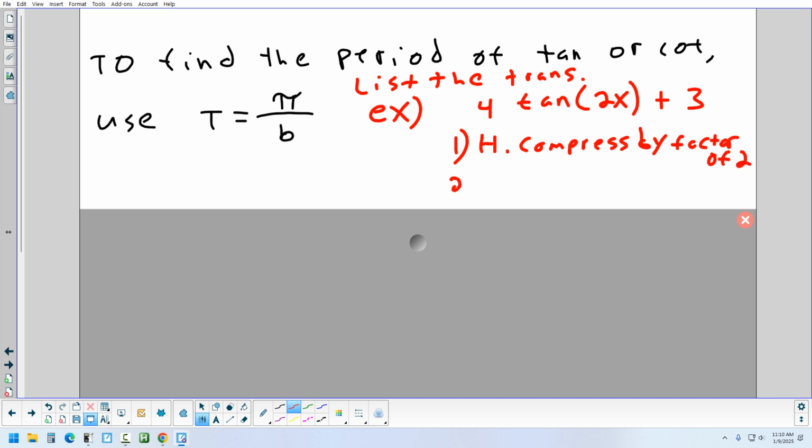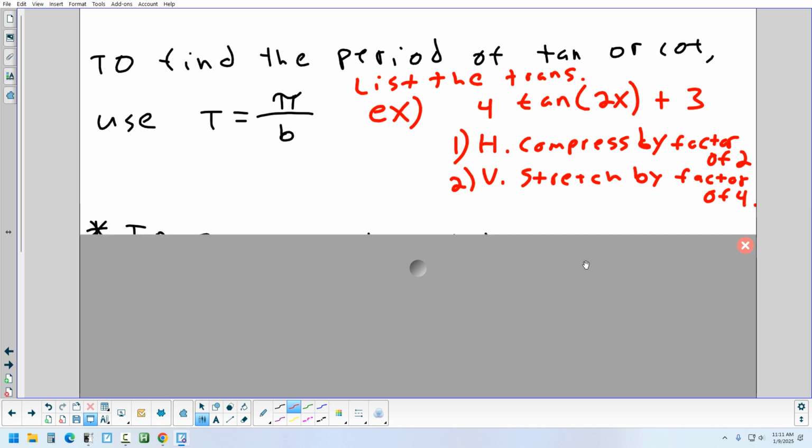Okay, so we got that one. What would be the next number we would look at? 4. And what would that do? Vertical stretch by a factor of 4. And the last thing, the +3. Vertical shift going up 3. Yep, so shift up 3. Okay, so if I asked you to describe the transformations, that's how you do it.